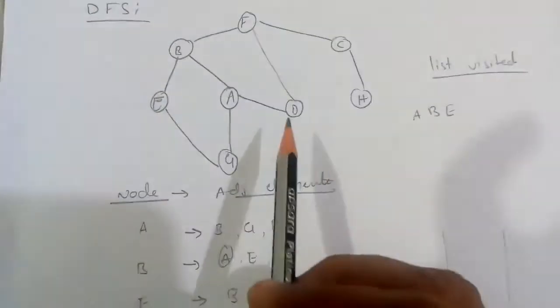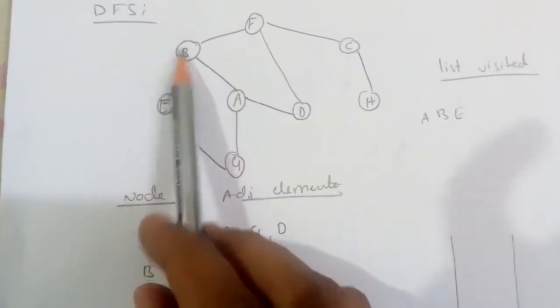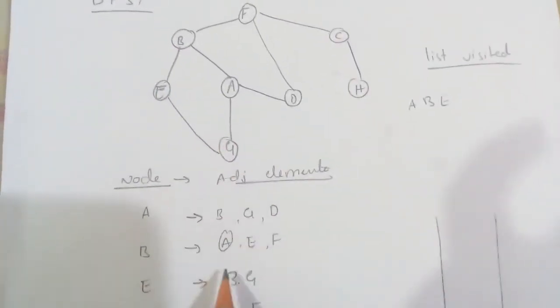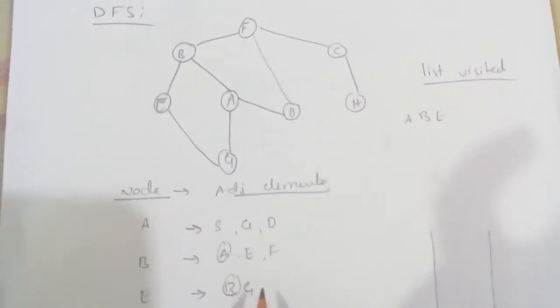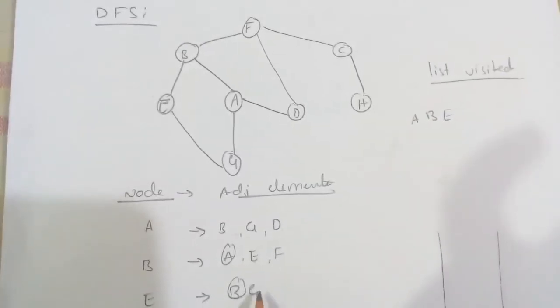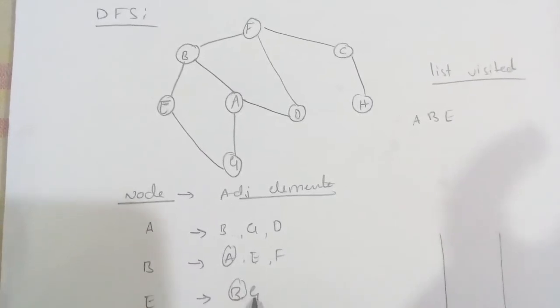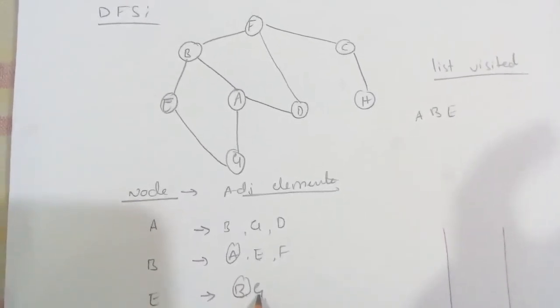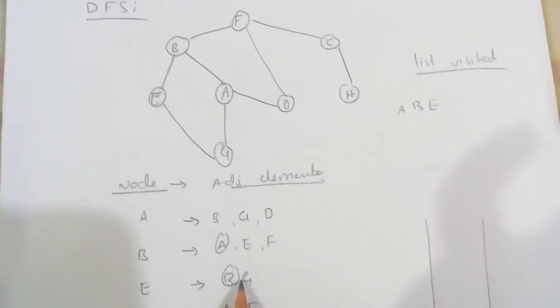Next, the nodes adjacent to E are B and G. B is already visited, so the unvisited vertex is G. Now G is pushed onto the stack and added to the visited list.